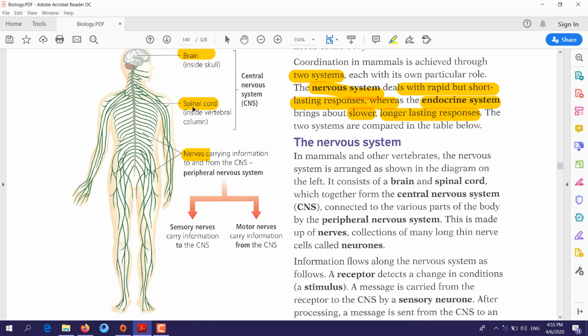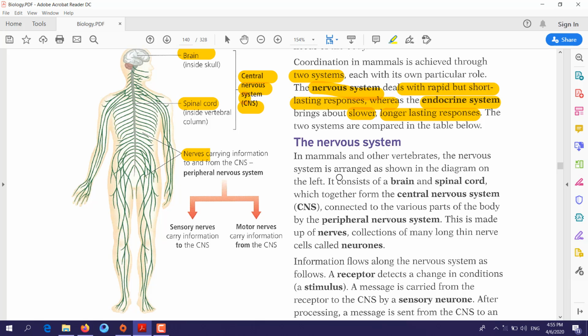Brain and spinal cord together form the central nervous system, or for short, CNS. Again, the nervous system consists of brain and spinal cord. Brain and spinal cord together, we call them the central nervous system, or CNS.